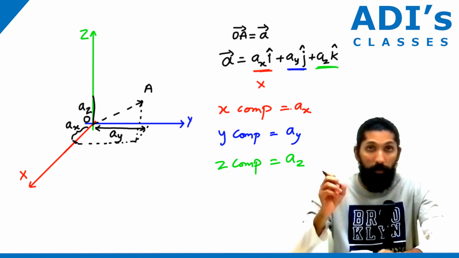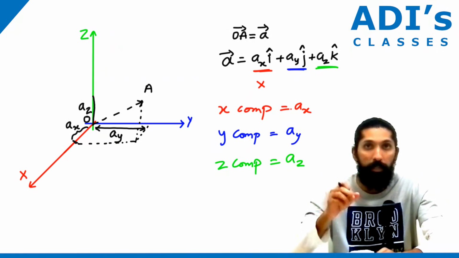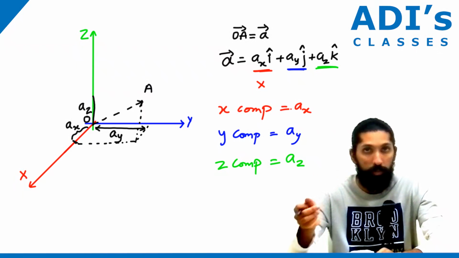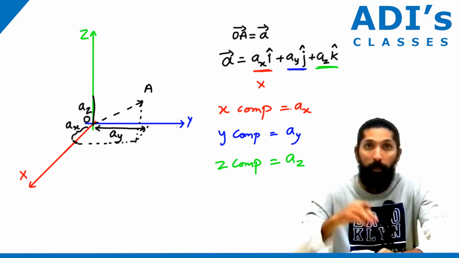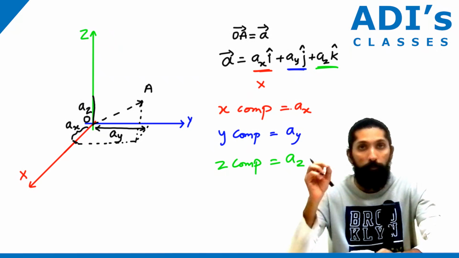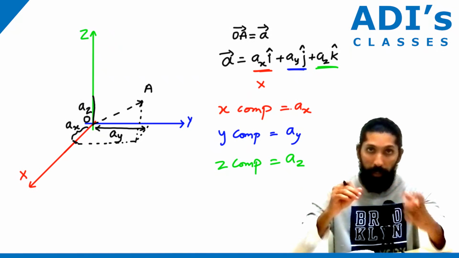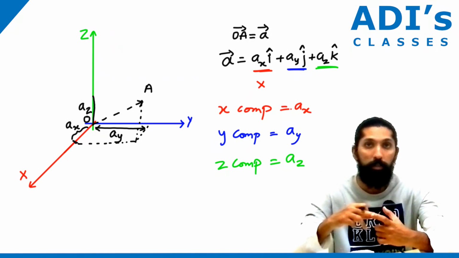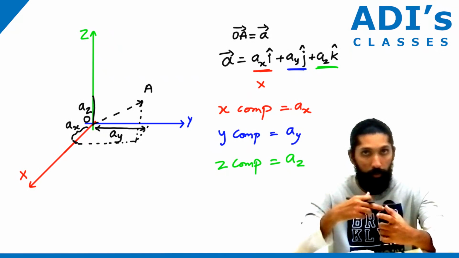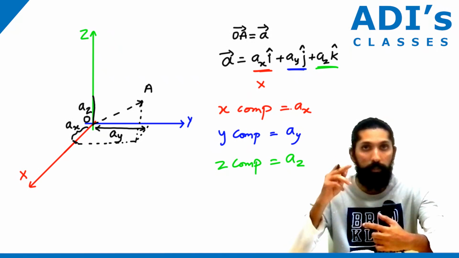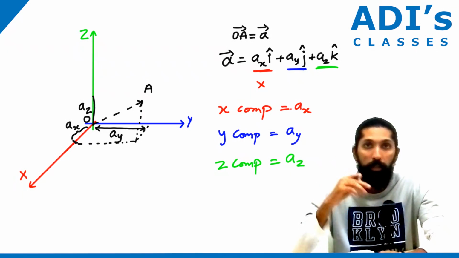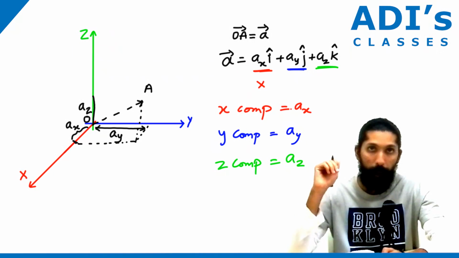Suppose your vector is 3i plus 2j plus 4k. That means along the x-axis we have 3 units, along the y-axis 2 units, and along the z-axis 4 units.